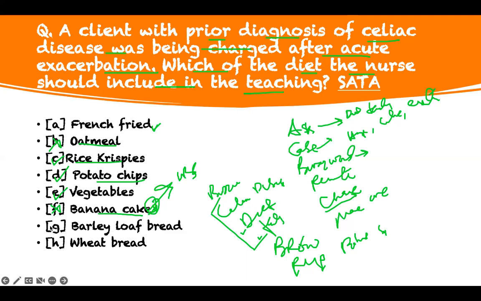Barley leaf bread, no. So they can eat banana, but they cannot eat barley. And wheat, we already talked about it. So the right answer is A, C, D, E, and F. And so that is all between these 2 diseases.